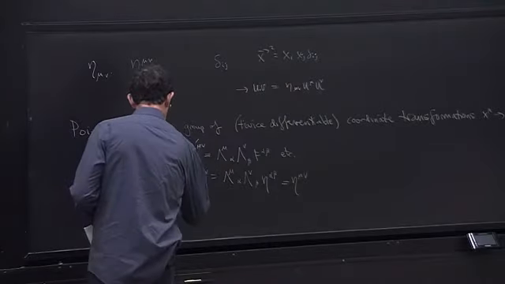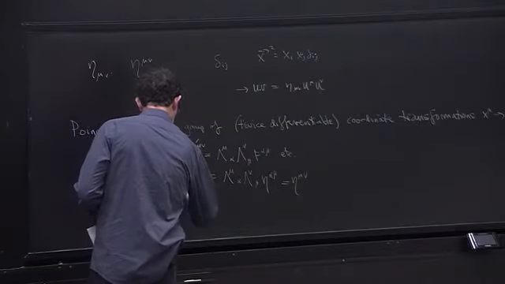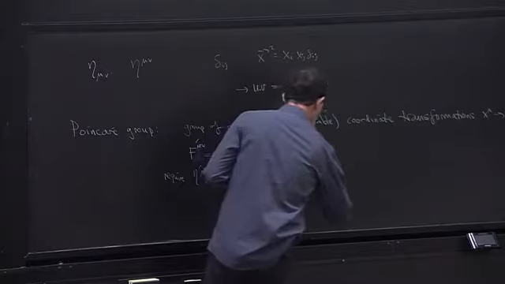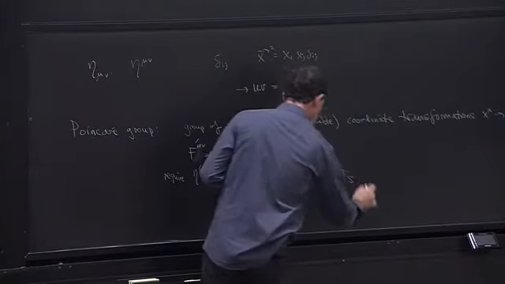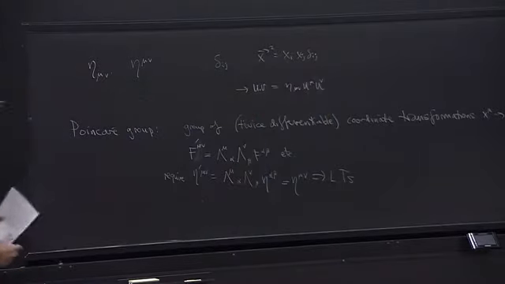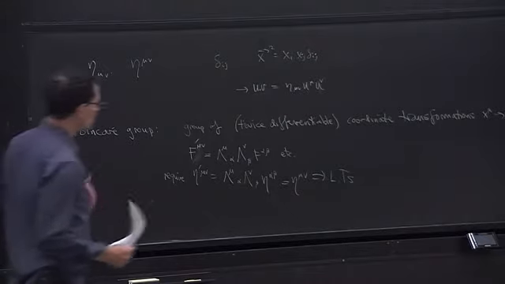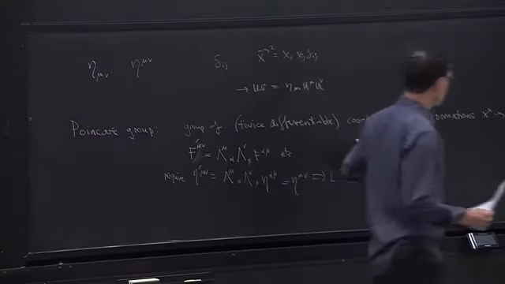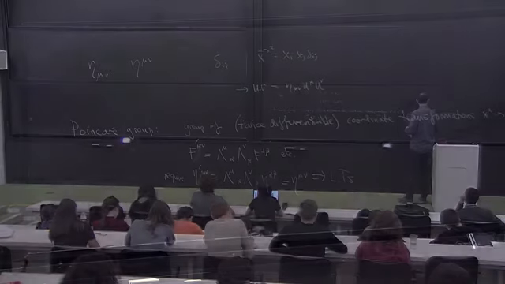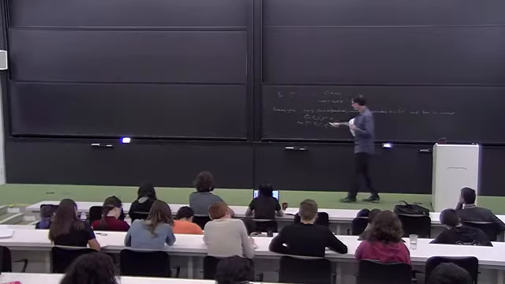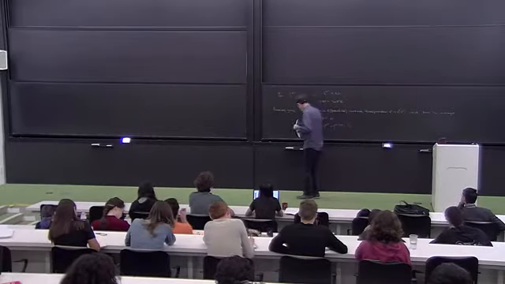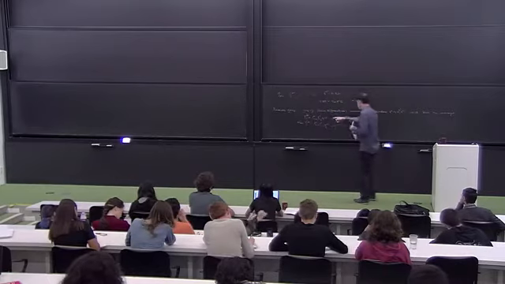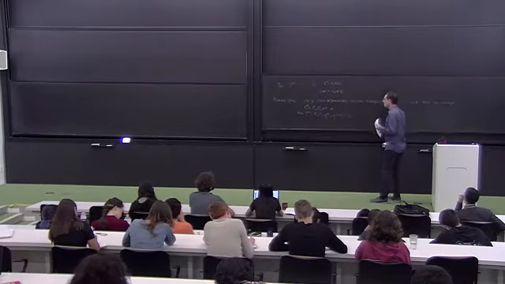So we require this, and this led us to Lorentz transformations. Okay, so what I want to show is the most general coordinate transformation, which is twice differentiable and leaves eta unchanged in this sense, will actually be the Poincare group.